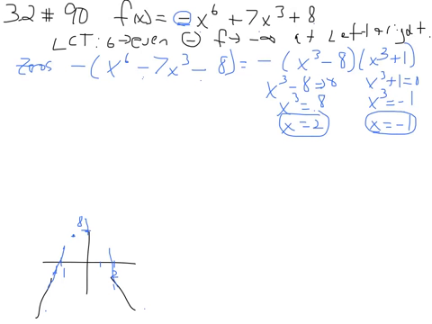We're up at 7. At positive a half, we are at about 9. A little under 8, a little under 9. So we're kind of flat through here. At 1, we are at, well, minus 1 plus 7 plus 8. 7 and 8 is 15 minus 1 is 14, so we're up here at about 14, at about 1.